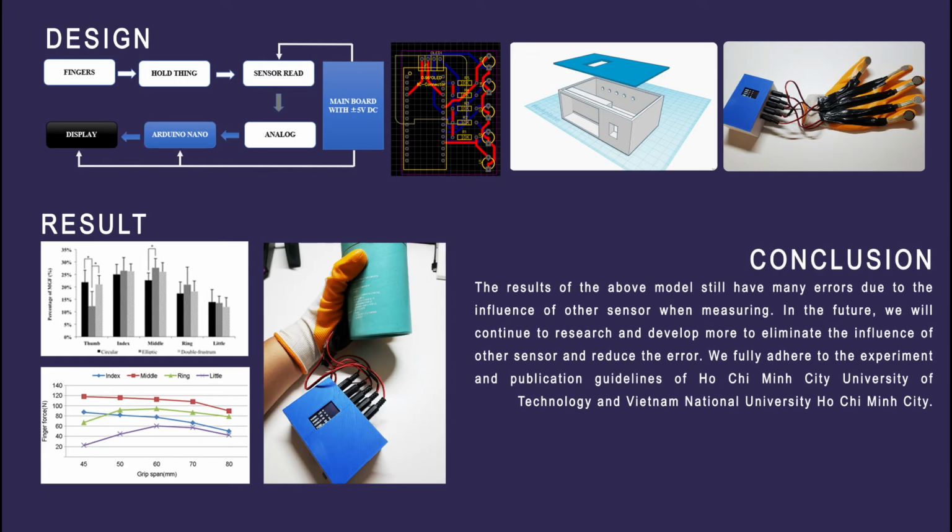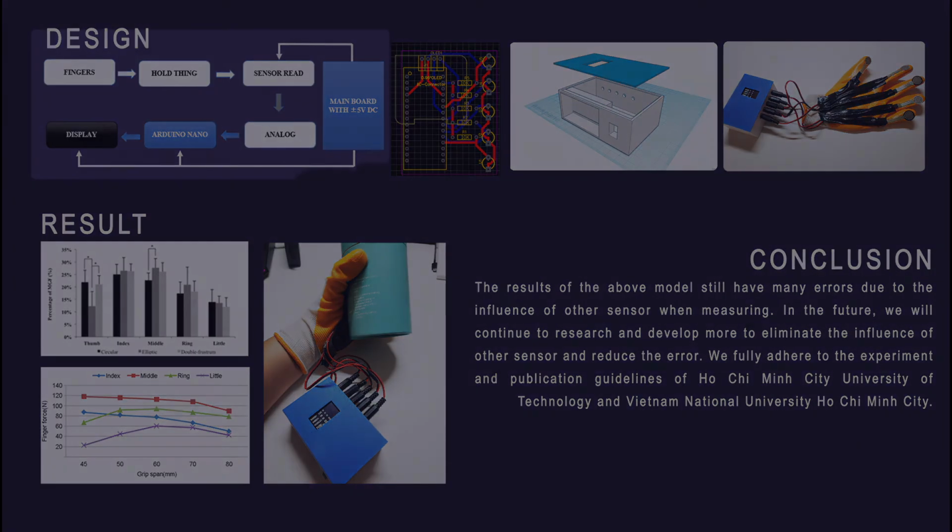And that is the entire process of studying, creating, designing, and improving the product called Model for Measuring and Training Muscle Tone of the Hand. The above model's findings still contain numerous inaccuracies owing to the effect of other sensors during measuring.